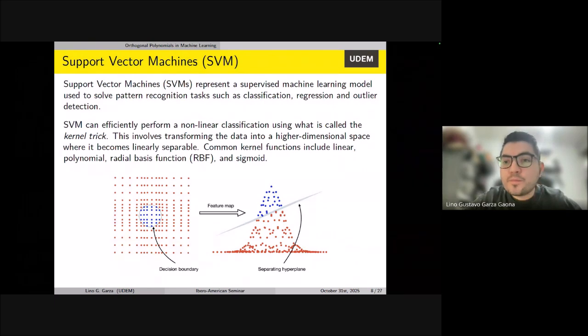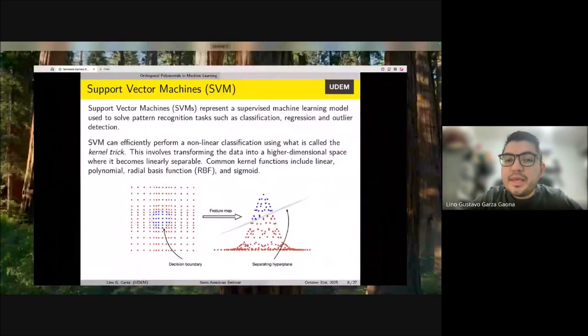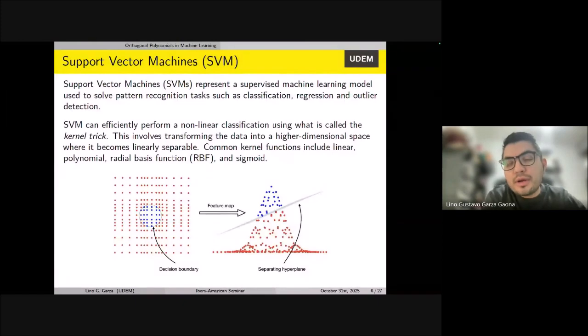And the main property or advantage is that you can use them when you have, let's say, a non-linear distribution.